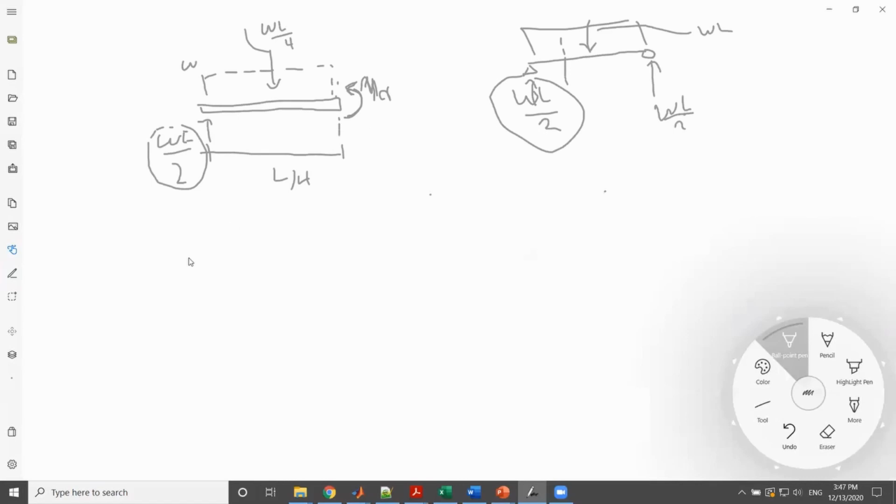Now for the equilibrium, take a moment about this point, for instance. MA, take this direction as positive.